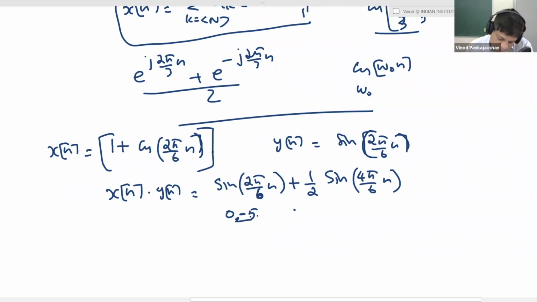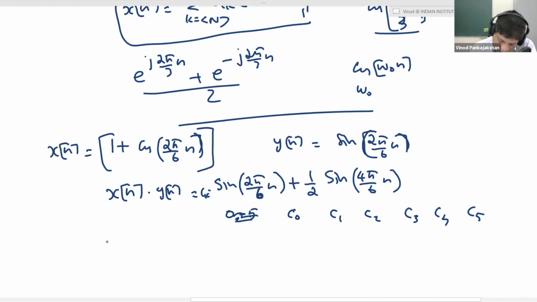Let's say this is c of k. So what I'm trying to find is c0, c1, c2, c3, c4, c5. Can you tell me what are those values? What is c0? c0 is the average value of the signal. How to get the Fourier series coefficient?